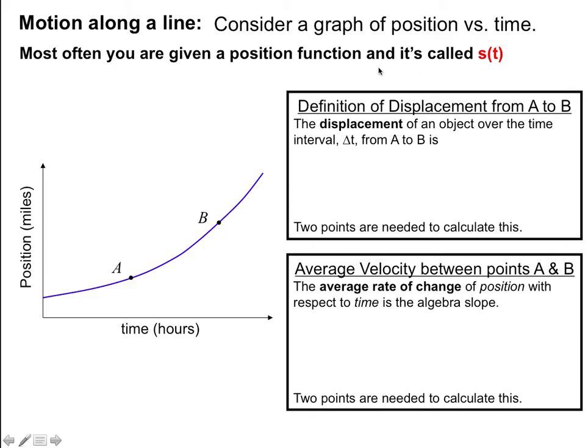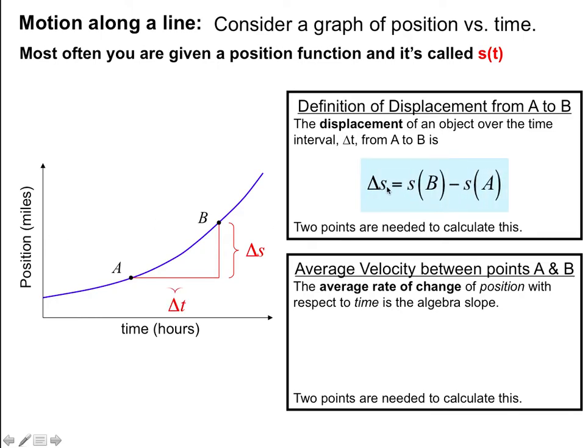So we're going to talk about some physics-related quantities here. Displacement is how much we've moved, right? So how much our position has changed. So if we look at this, our displacement is this vertical physical quantity of the graph. Okay, we started out at this position and we ended up at this position.